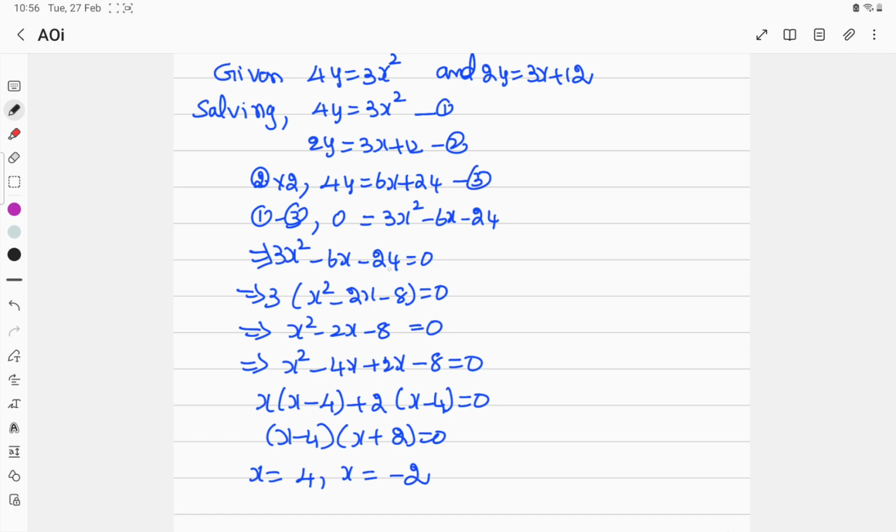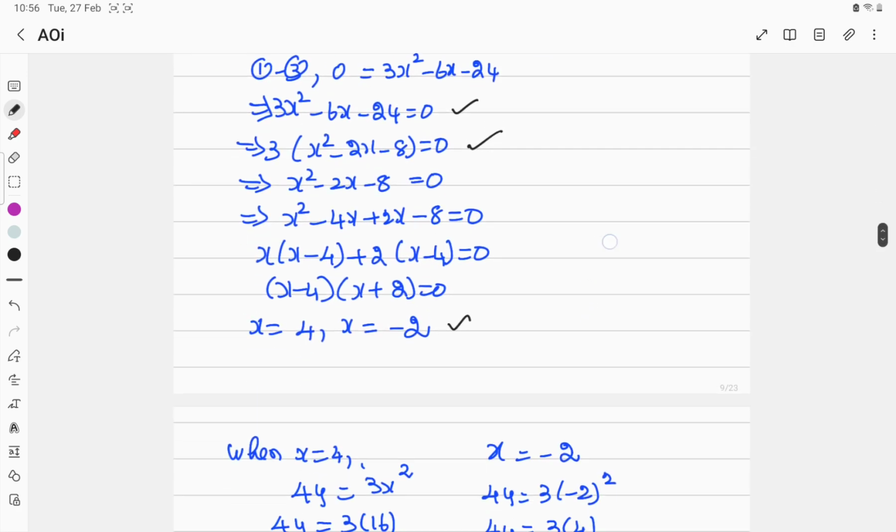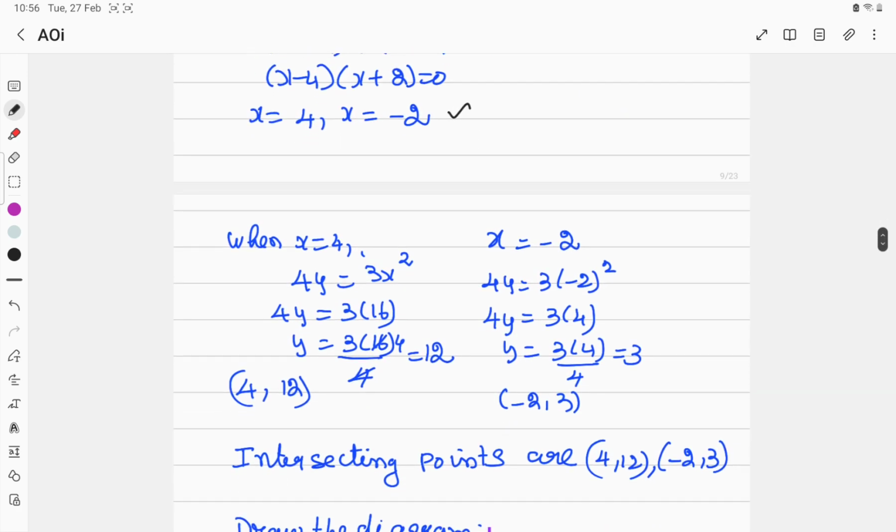3x² − 6x − 24 = 0. On taking 3 common, x² − 2x − 8 = 0. On solving this, we get x = 4 and x = −2. When x = 4, we get y = 12.